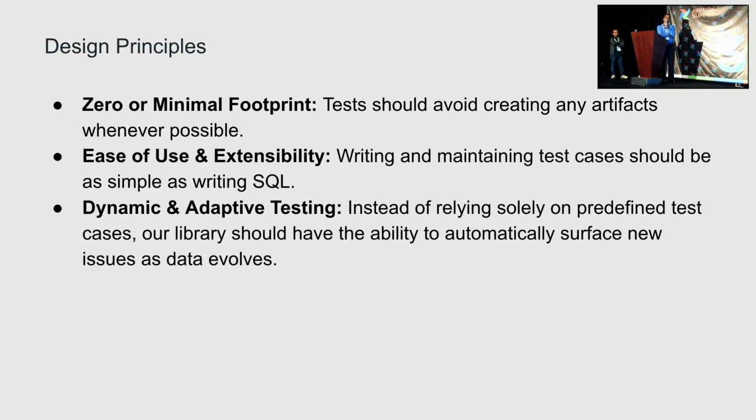As the data evolves, you want to make sure that your SQL test is able to uncover some of those hidden issues. And we'll talk in detail about how we have done that. But that's also a key factor: as your test cases run in production more and more, they uncover those hidden issues, and then you fix them.